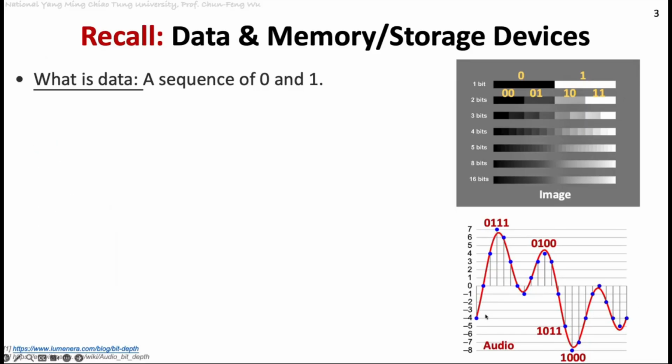In this example, we use several blue points to sample the signal. Actually, we will not really store the signal in the storage device. Usually what we store is the sampling points. So in this example, for the top peak here, if it is 0111, this is what we store in our storage device.